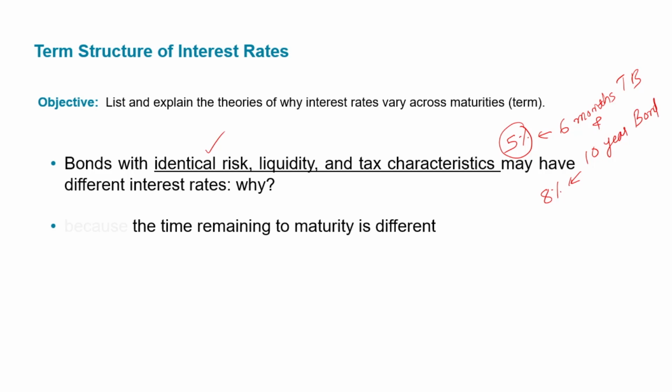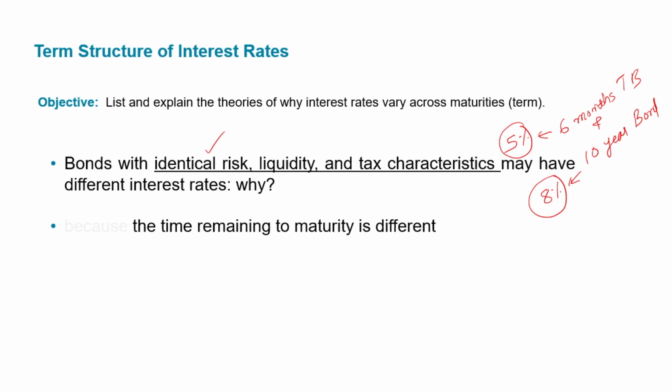Whereas a 10-year bond on average carries a yield of 8%. Both debt instruments are issued by the Government of India, which means they have identical risk, the same liquidity and the same tax characteristics. Then why is the annualized rate of interest on a 6 month treasury bill only 5%, whereas a long-term bond is yielding a much higher rate of return?